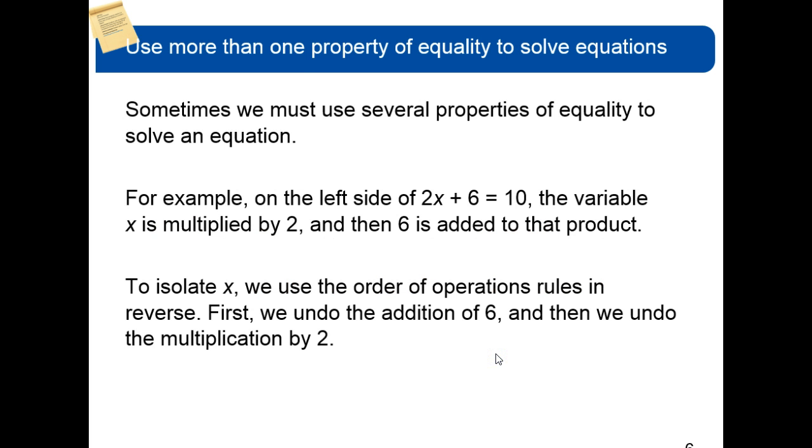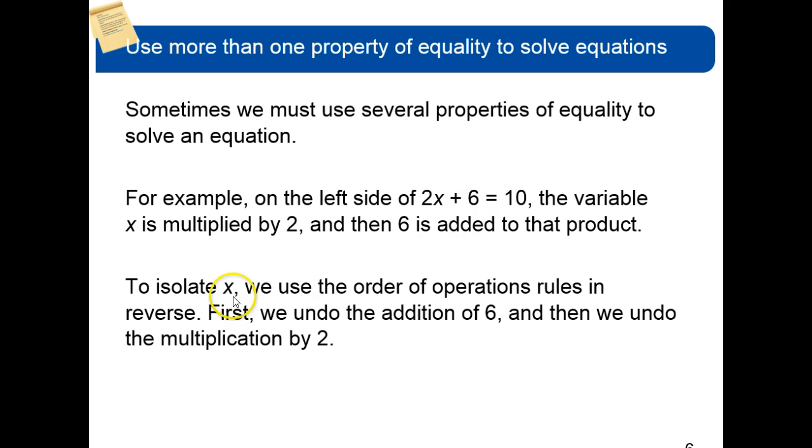Sometimes we must use several properties of equality to solve an equation. For example, on the left side of 2x plus 6 equals 10, the variable x is multiplied by 2, and then 6 is added to that product. So this problem says multiply x by 2 and then add 6.